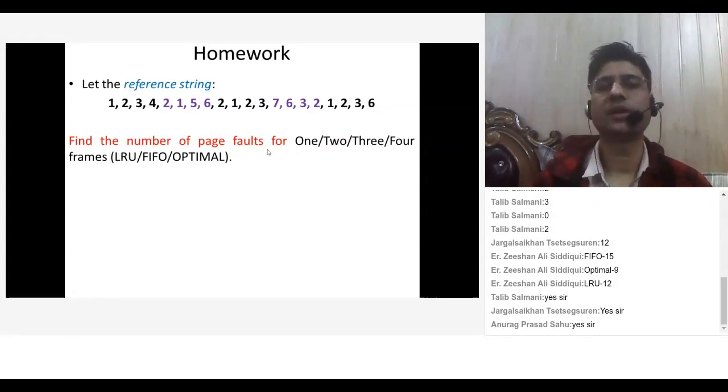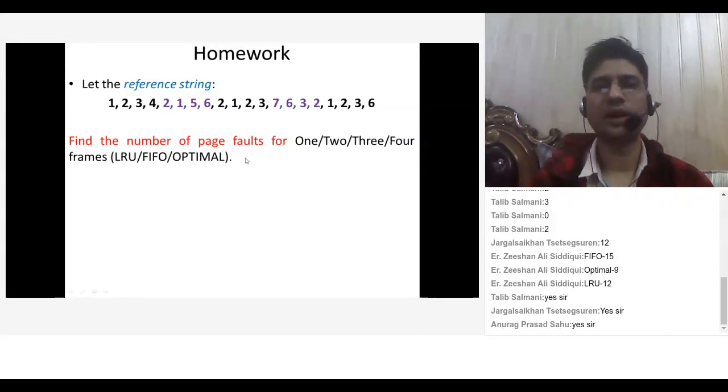ओके, फॉर टेस्टिंग पर्पस राइट नाउ वी विल सॉल्व 4 फ्रेम्स फॉर LRU. ये वाला सॉल्व करिए, ये अभी सॉल्व करिए. रेस्ट यू कैन सॉल्व एट योर होम.